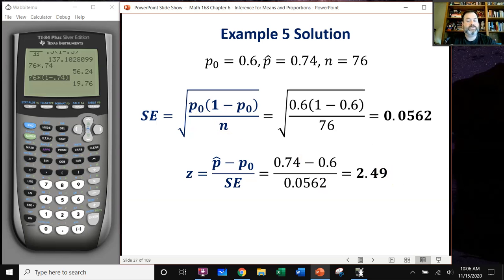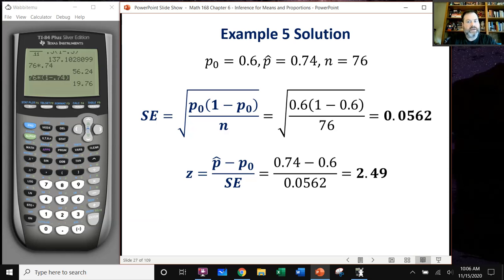Now we're not done. We just found the standardized test statistic. What you need to do now is draw the picture of the distribution, label z, shade the appropriate tail, and then use normal CDF. So let's go through it together.